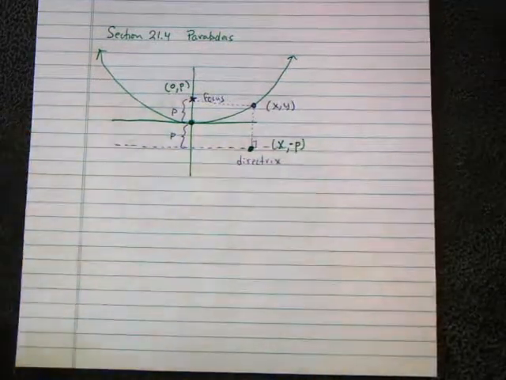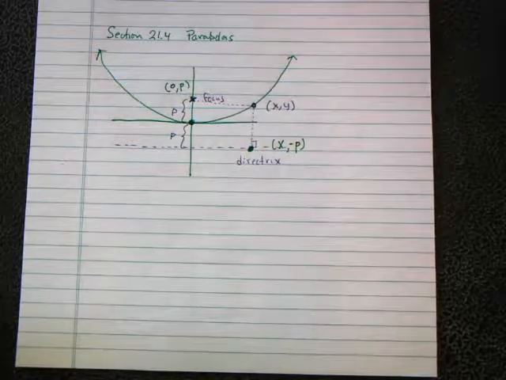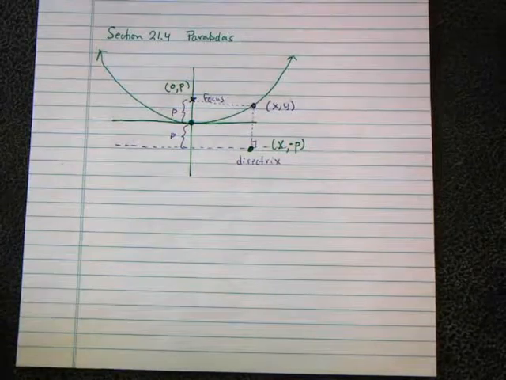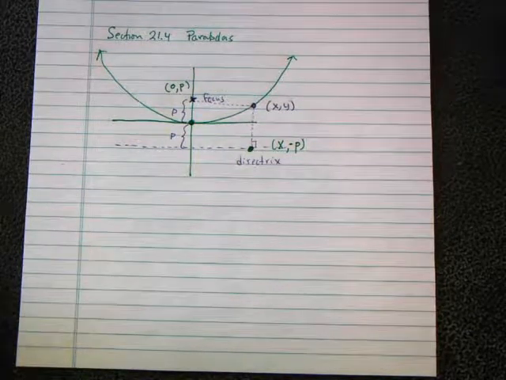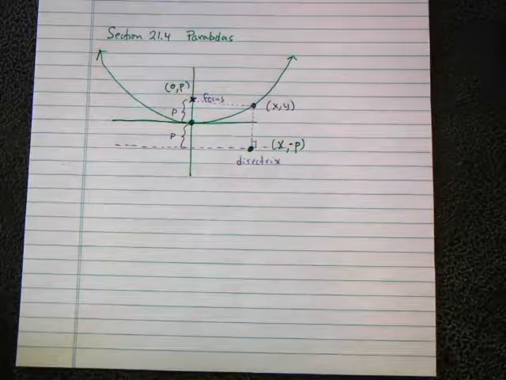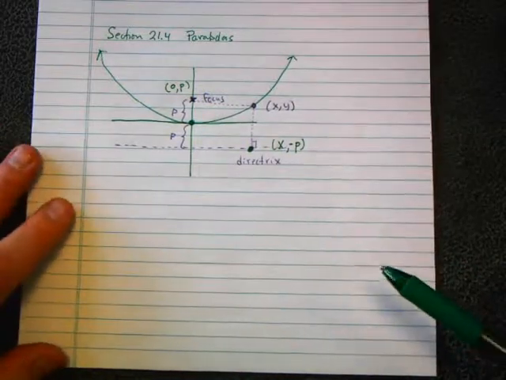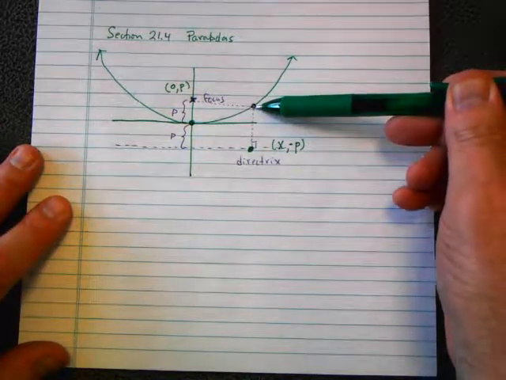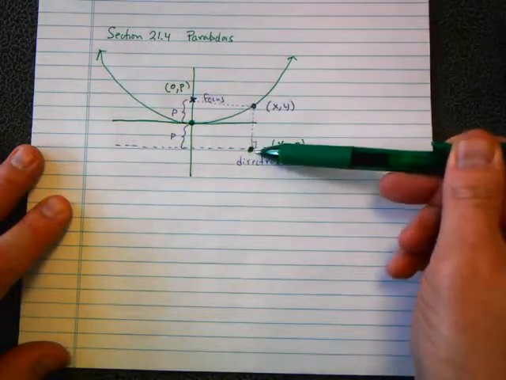How do we find the distance between 2 points? We could guess, but more specifically, we would probably use the distance formula. All right, so let's start with this one first. The distance from this point, x comma y, to this point, x comma negative p.